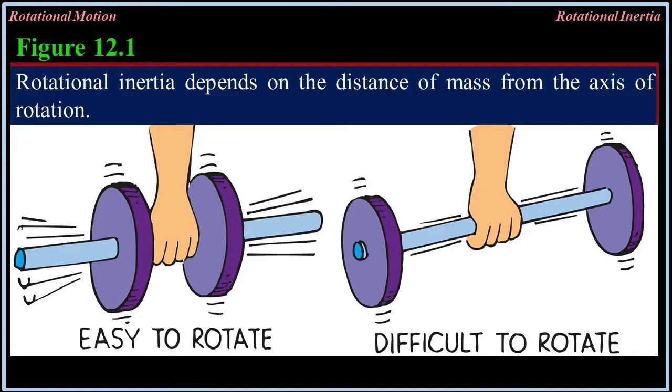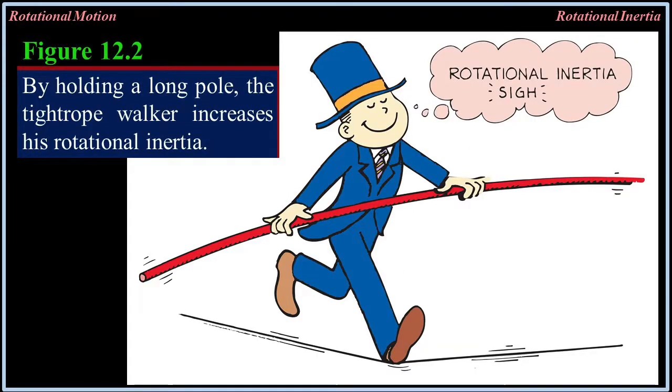Rotational inertia depends on the distance of mass from the axis of rotation. Easy to rotate, difficult to rotate. By holding a long pole, the tightrope walker increases his rotational inertia. Consider where the center of gravity is being adjusted to.